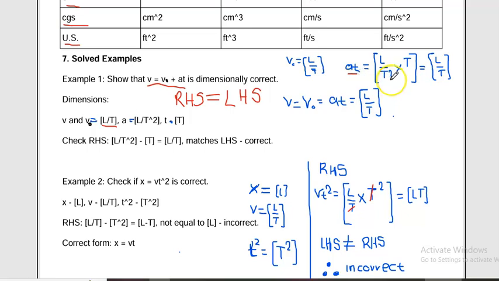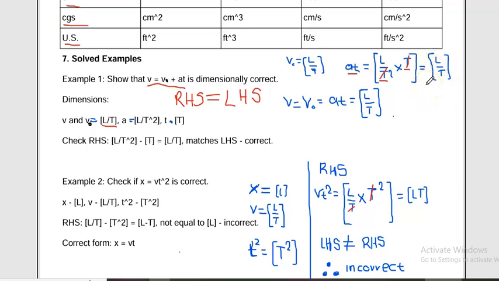So this is our computation here. Acceleration, we know it is L over T squared, times time, which is T. So when we multiply this, T will cancel with T, we will remain with T as the denominator and L as the numerator.